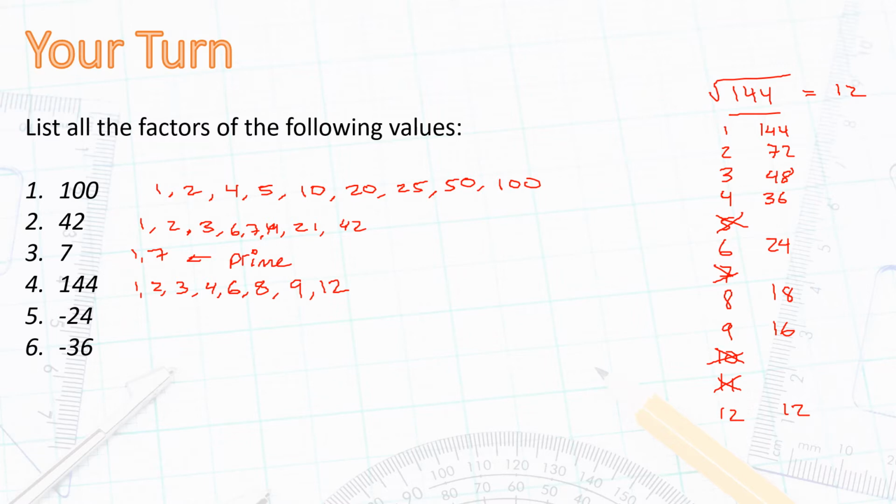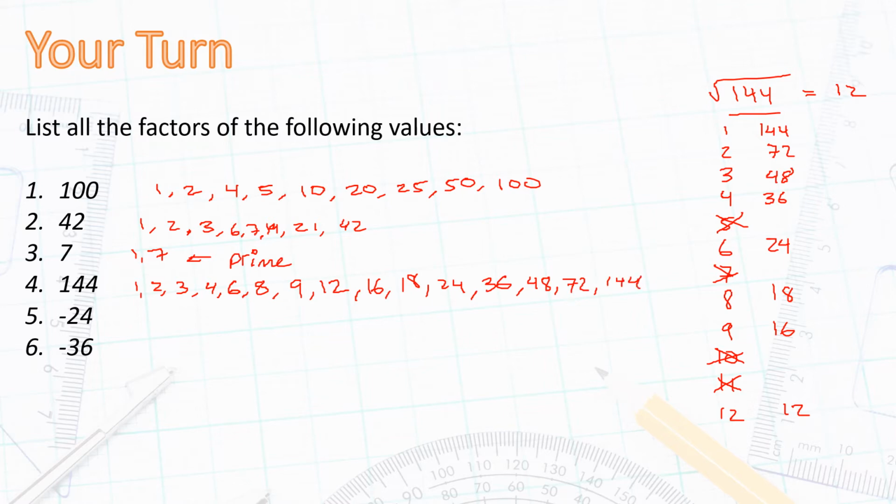And at this point, we're done, because my numbers would start going up again. So my pairs go up to 12, and then we've got 16, 18, 24, 36, 48, 72, 144.